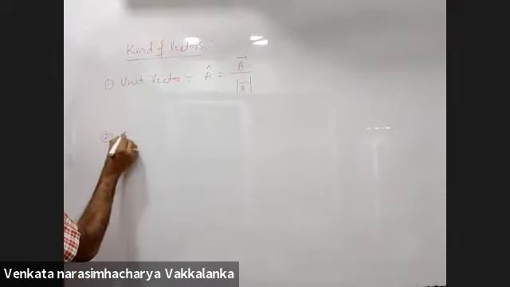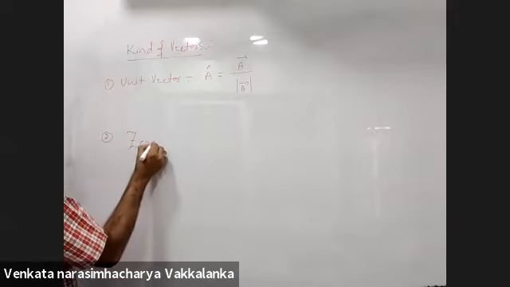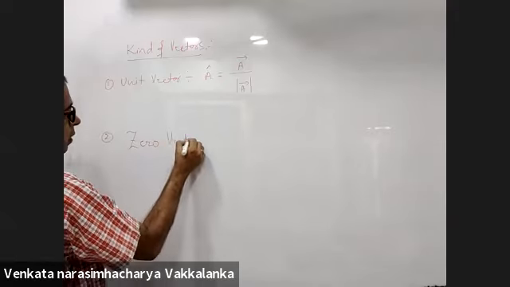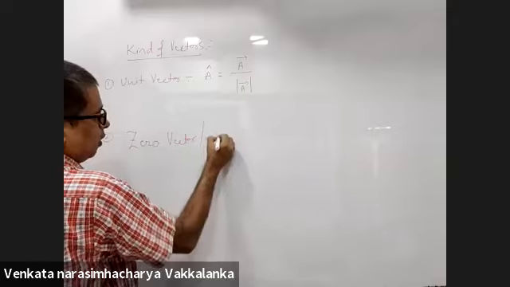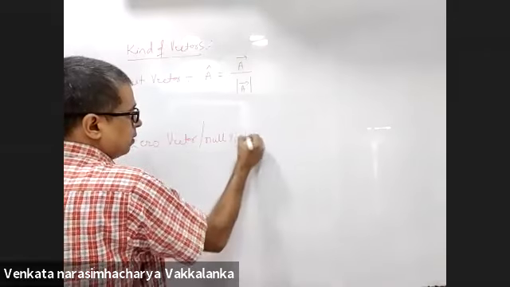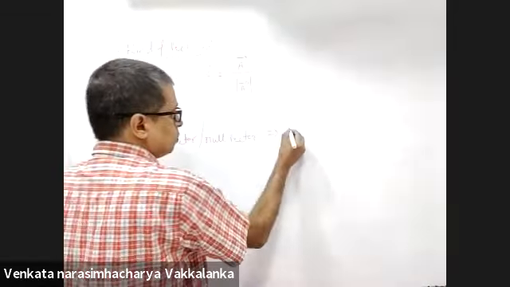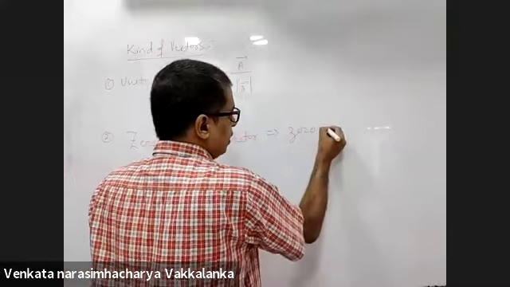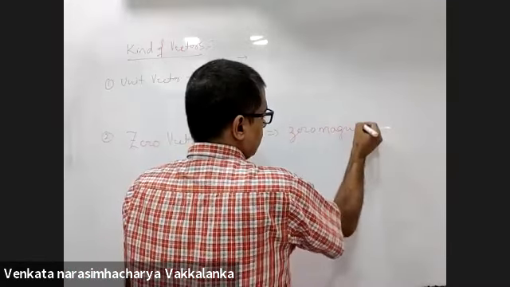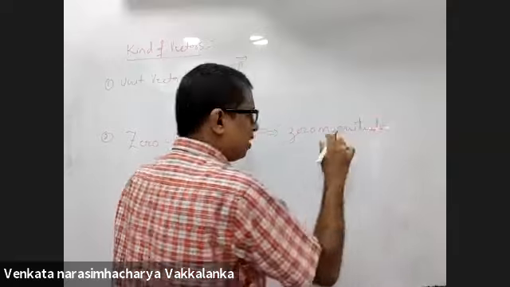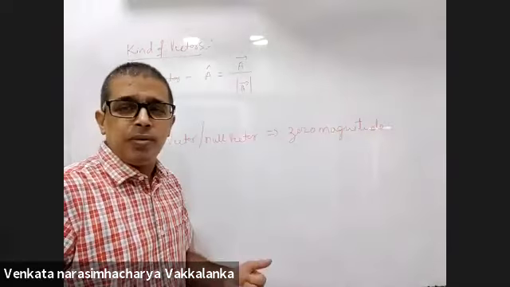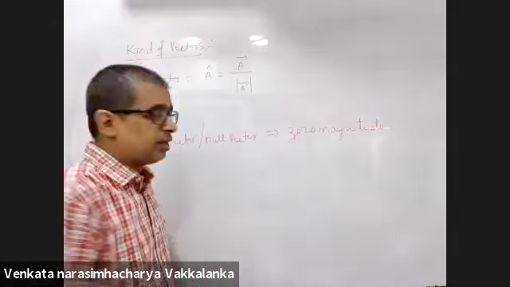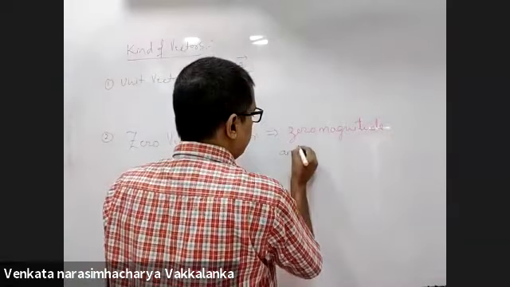Second, zero vector or null vector. Zero magnitude. This is a hypothetical vector. It has zero magnitude. You cannot define its direction.